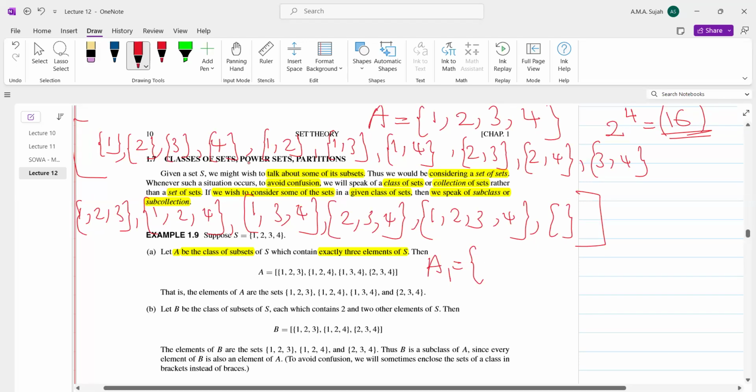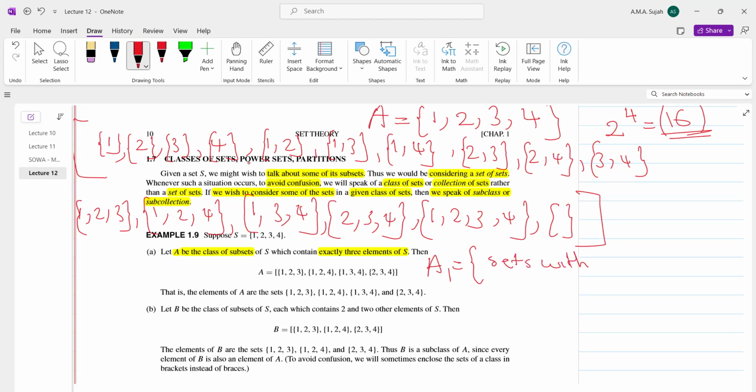The definition of A1 is: sets with 3 elements of A. Now you need to define the set A1. Each element of A1 has 3 elements of A. In set A there are 4 elements, so you need to pick any 3 elements from A, then you can create elements for A1.